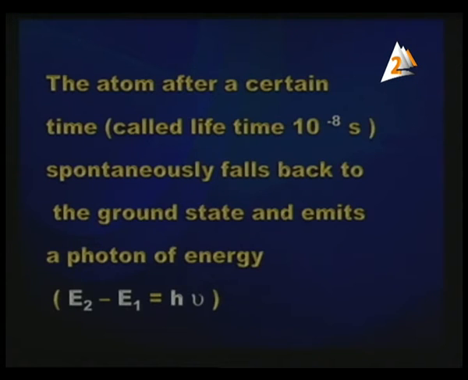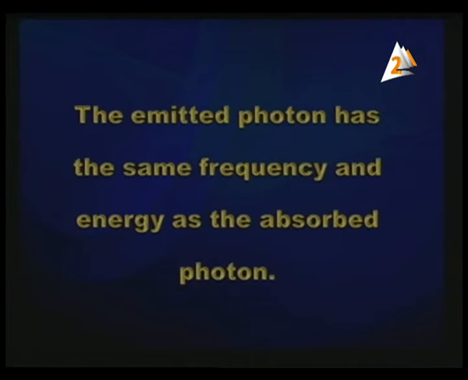The atom, after a certain time, we call it lifetime, and it is a very short time, it is 10 to the power of negative 8 seconds, the atom spontaneously, out of its own, falls back, relaxes to the ground state, and emits a photon of energy h nu, which is equal to E2 minus E1. The emitted photon has the same frequency and energy as the absorbed photon.